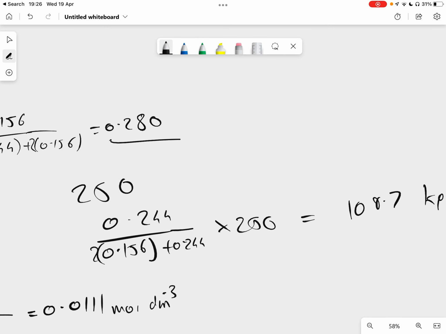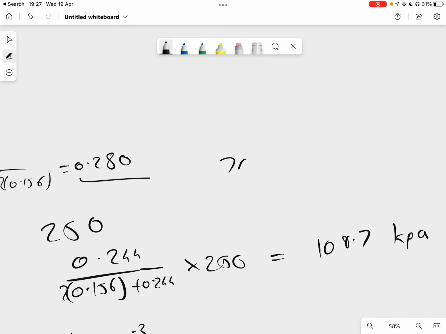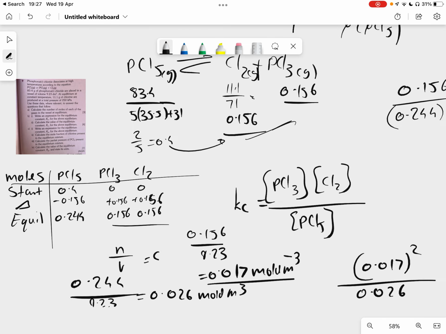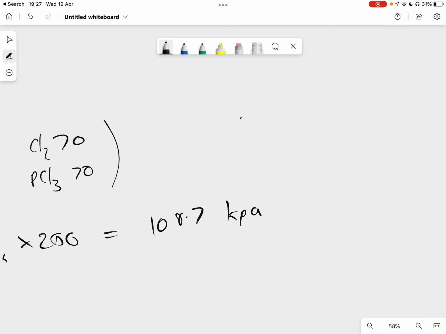So for this one up here, we got 0.280 times 250 equals 70. So that means the Cl2 partial pressure is 70, and so is the PCl3. It's going to ask us to work out Kp surely now. Calculate the value of Kp and state its units. So this is going to be 70 squared all over 109.7.